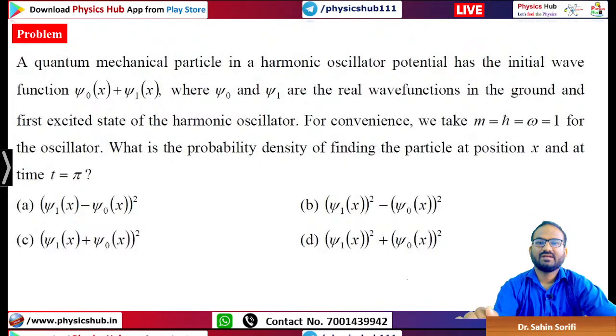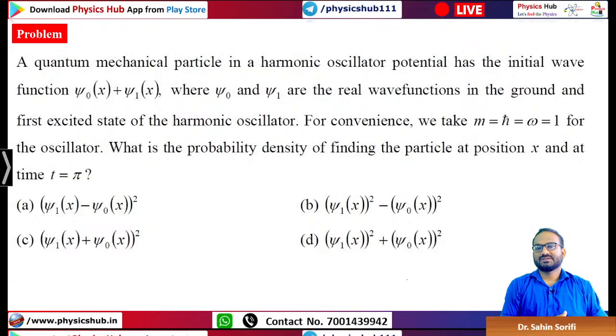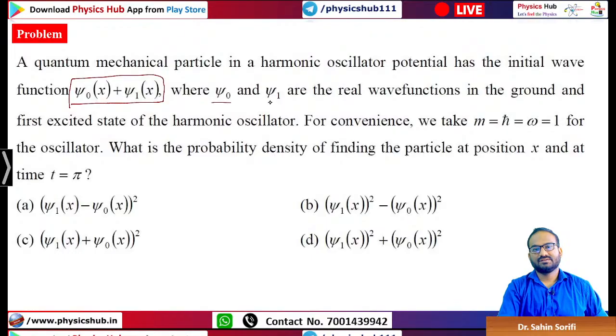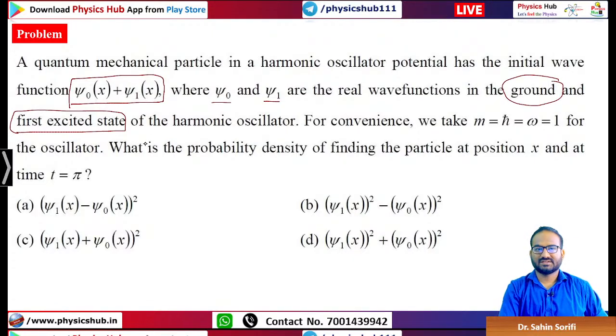A quantum mechanical particle in a harmonic oscillator potential has initial wave function psi 0 x plus psi 1 x. Psi 0, psi 1 are the real wave functions in the ground state and the first excited state. You can take, for convenience, m equals h cut equals omega equals 1, so this will make our calculation a little bit simpler for the oscillator.